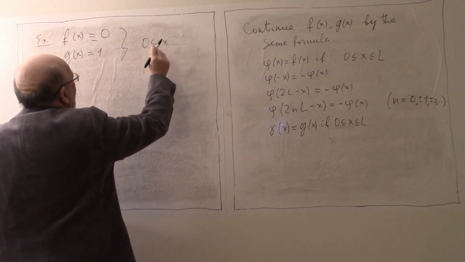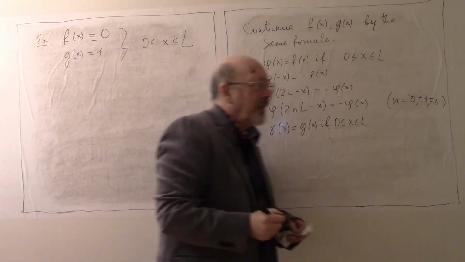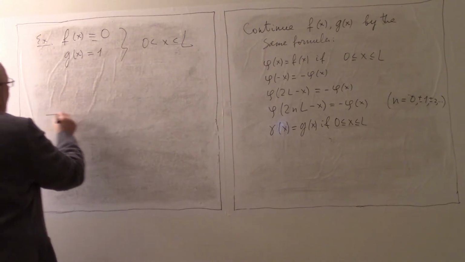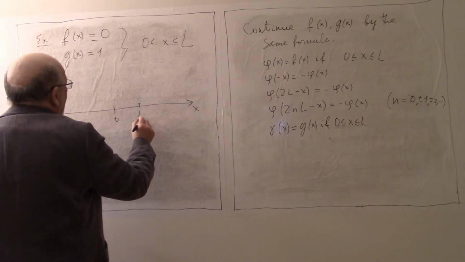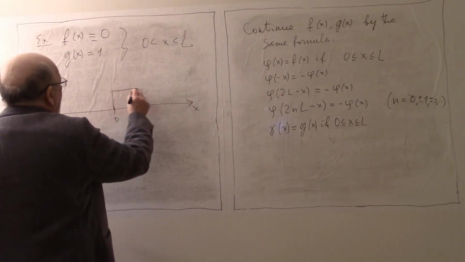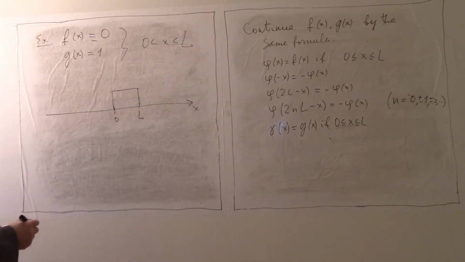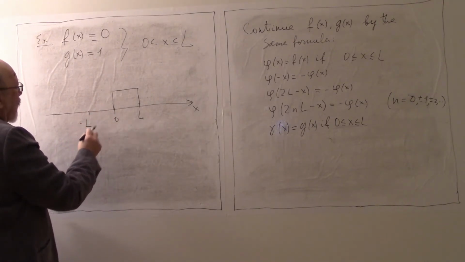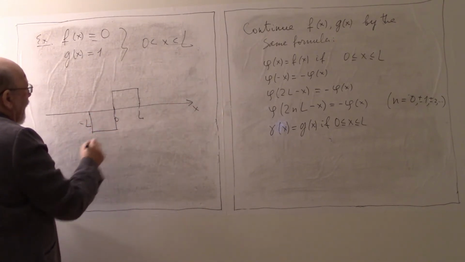For this, first it is defined between 0 and L. Here the function g is 1. f is 0, so I don't draw it. g is 1 here. So between minus L and 0, the function should be odd, should be minus 1. Yes?